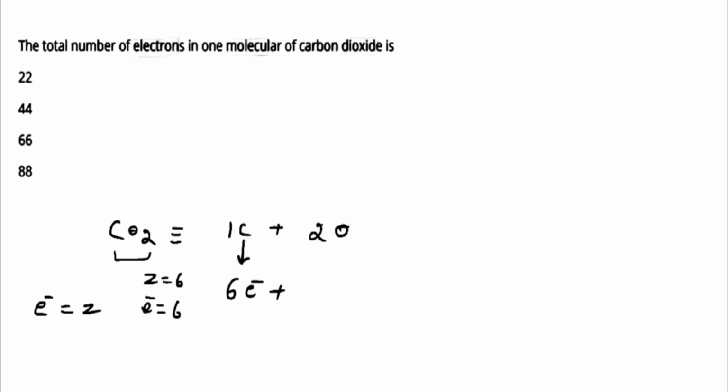Plus we have 2 oxygen, and for each oxygen the number of electrons is equal to the atomic number. In case of oxygen, Z is 8. That means electrons on oxygen is 8, and how many oxygen? 2 oxygen. It means we have to multiply with 2.